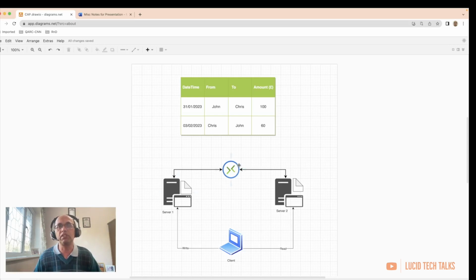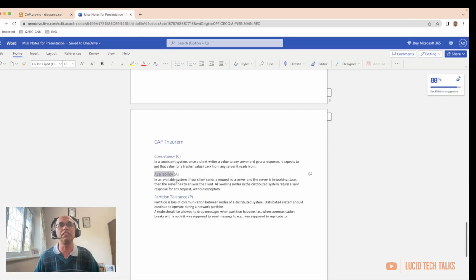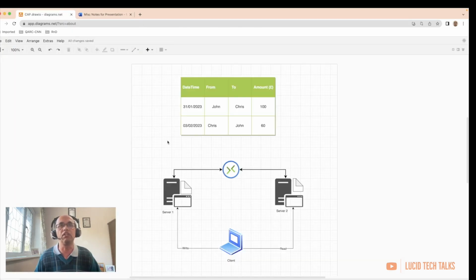In that case, you have to choose between consistency and availability. Is the node that has the latest information the only node that serves the client and others don't? Or do we let the other nodes also serve the clients, but then they will not have the fully consistent state of the one which has all the information?